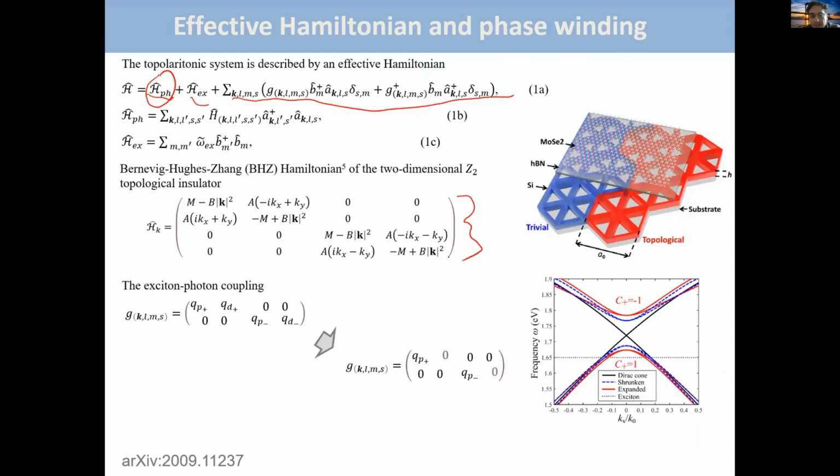So effectively, we can say we have circular left and circular right excitons, which are also linked directly to the valley degree of freedom of electrons in transition metal dichalcogenides. Therefore, the coupling actually also has this form. It's not a scalar coupling between scalar bands. So now, of course, the topology sits completely in the photonic part of the Hamiltonian.